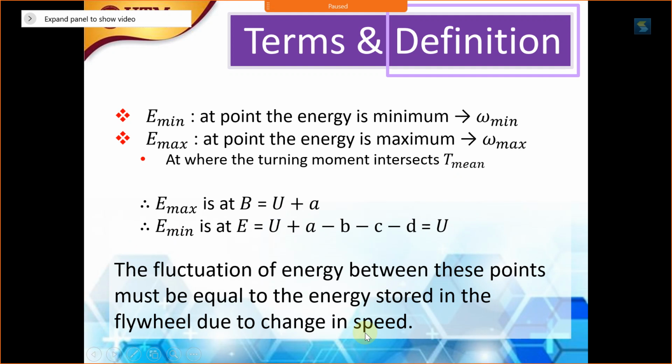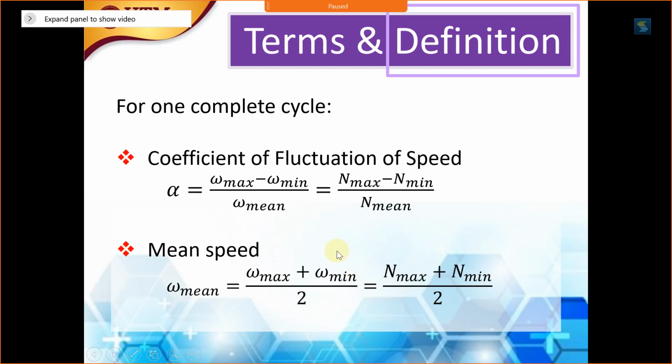Alright, so kita ada tiga terms and condition that we need to know. First is, biasanya soalan dia akan tanya lebih kurang macam ni lah. So kalau soalan nak tanya what is coefficient of fluctuation of speed, then this is our equation, right, which is alpha equals to omega maximum minus omega minimum divided by omega mean. And what is mean? Mean is omega max plus omega min divided by 2. Right.